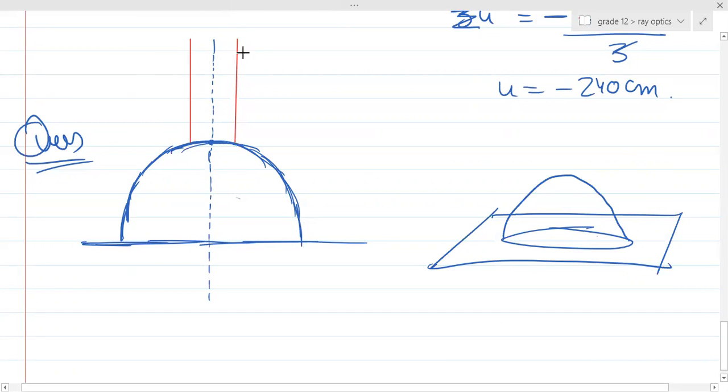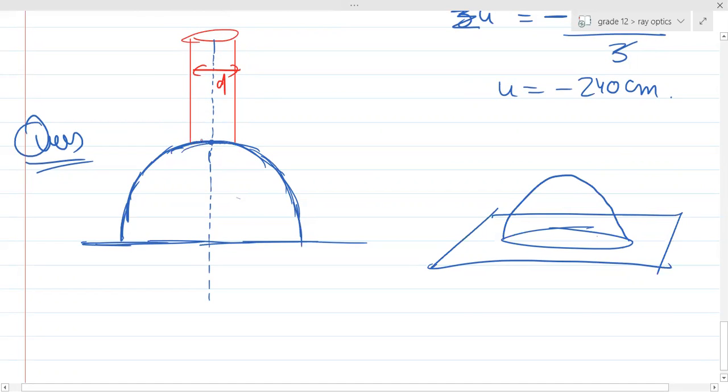So there is a vertical paraxial ray of diameter D. It's in the shape of a cylinder, and it is falling on the curved surface like this.